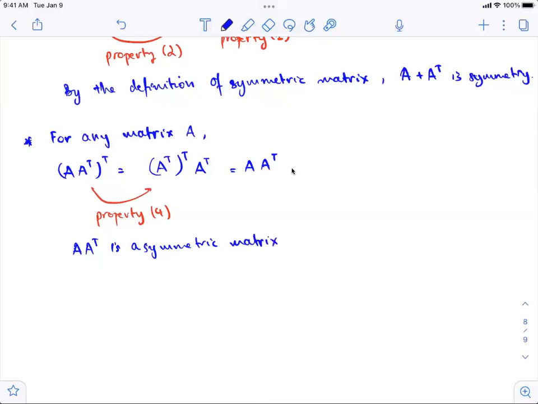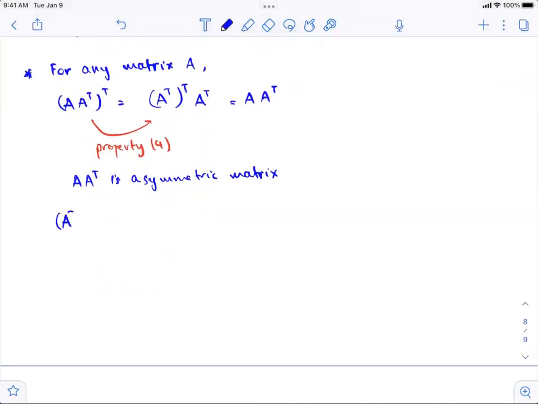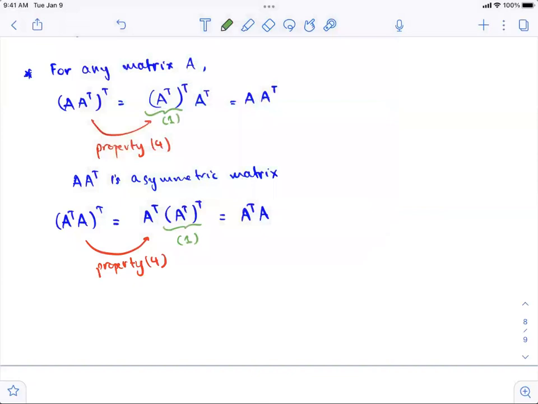Therefore, A times A transpose is a symmetric matrix. And in a similar manner, using property number 4, we can calculate that the transpose of A transpose times A gives you A transpose times A transpose transpose, which gives me A transpose times A. The properties I use again are property number 4 and property number 1.